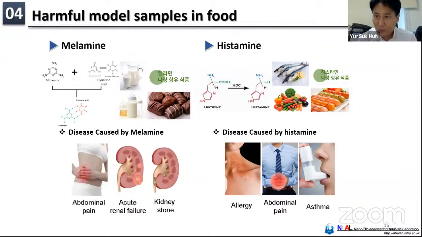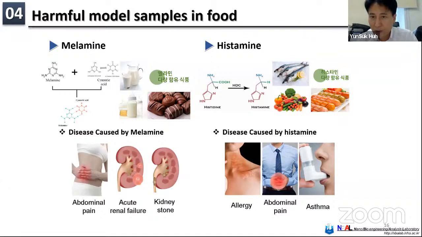To get more economic profit, they put in melamine, a cheap harmful substance, into your food. Anyway, everyone knows about it. Melamine is harmful to eat. It's not good.